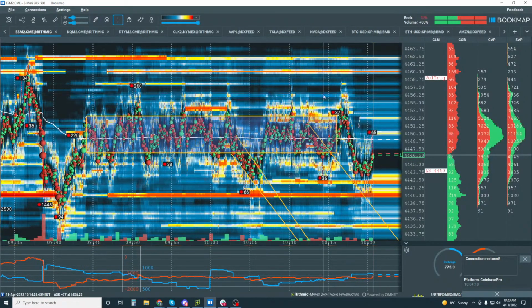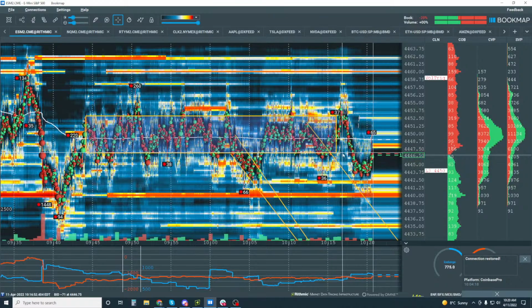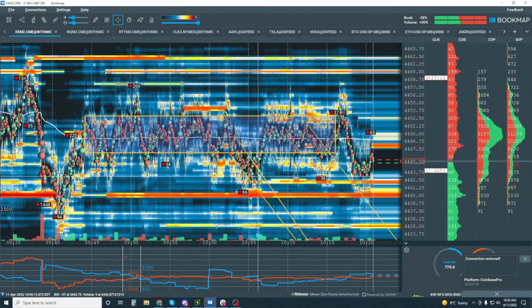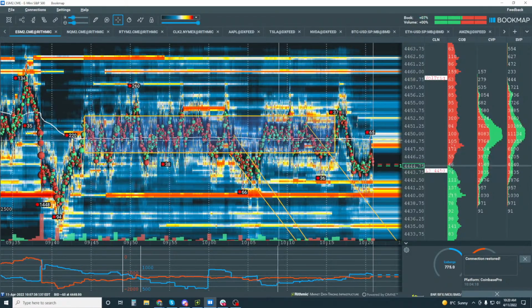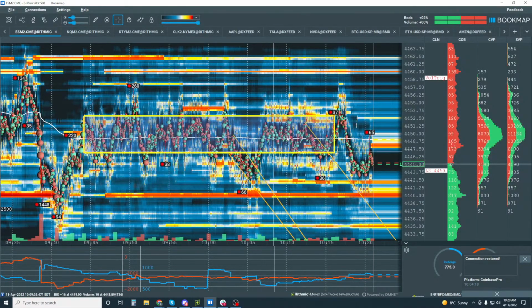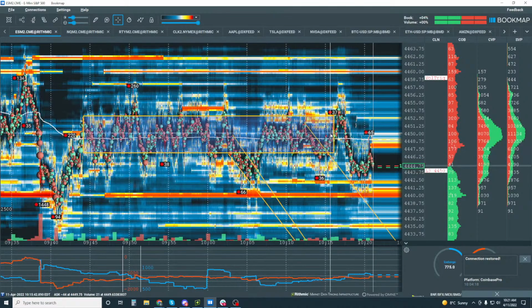We're looking to see someone take it one way or the other in this range. We were looking for the primary scenario to the downside, and it didn't happen here. We had a nice little double bottom pattern, looking good for them to do it here. They didn't.